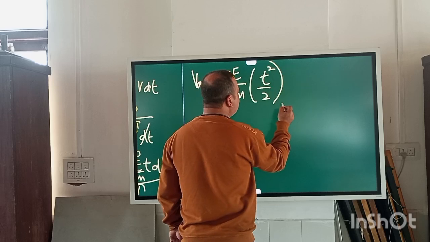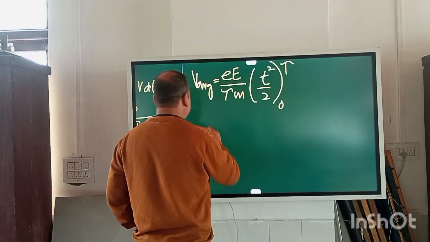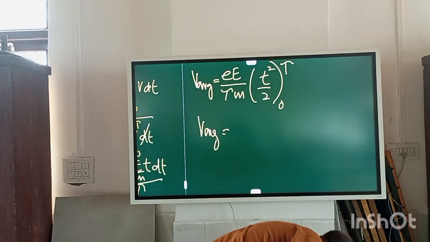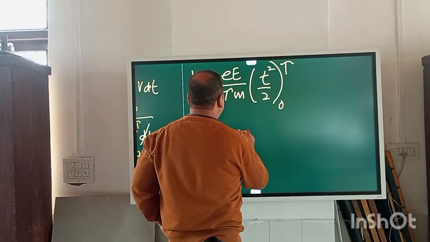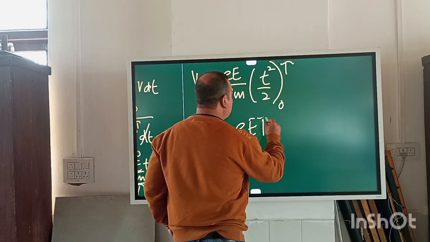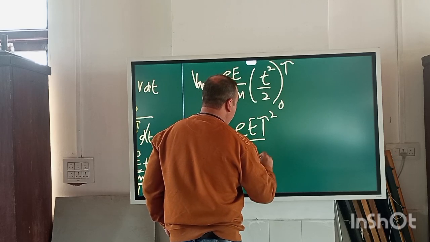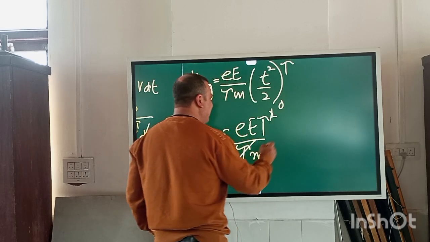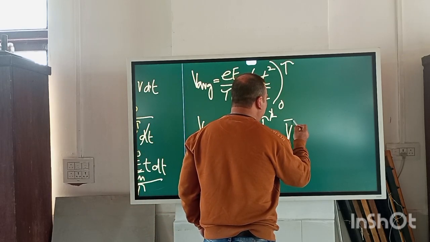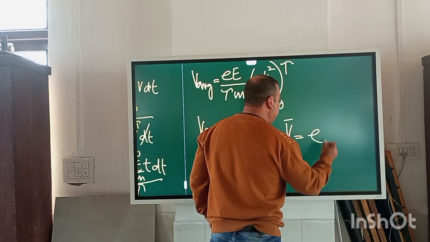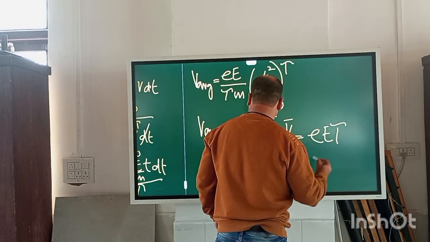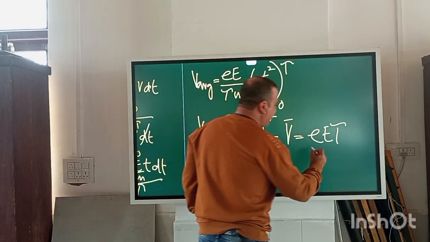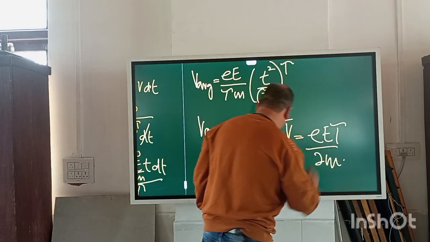The limits will run from 0 to tau. So v average is going to be eE tau squared by tau m. This tau and square will cancel, and we will get v average equal to eE tau divided by, I have missed this 2, it has to be 2 here, divided by 2m.